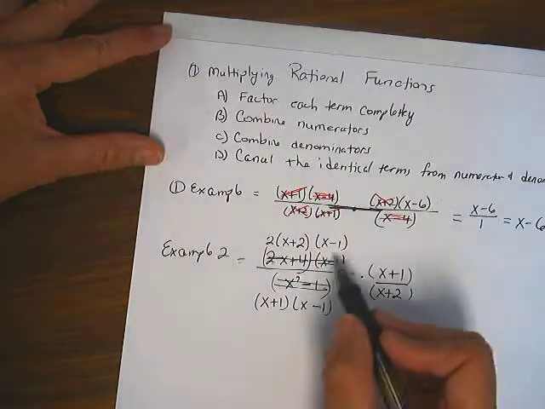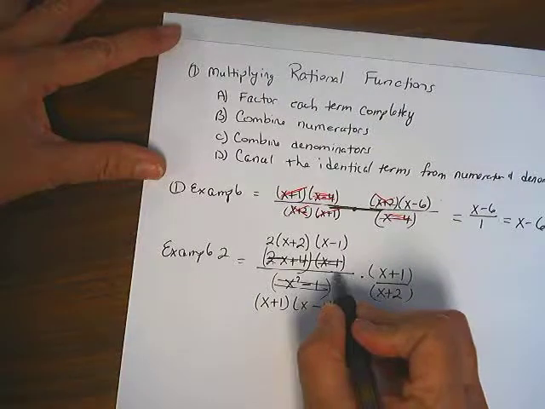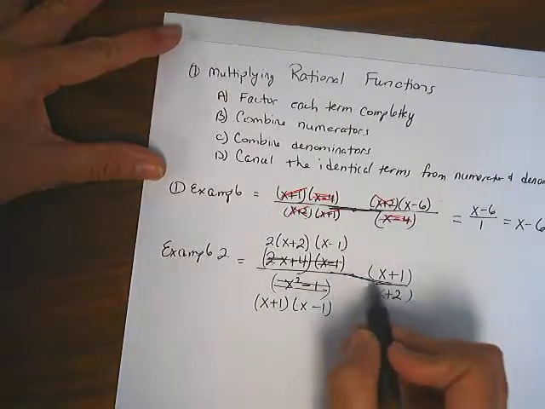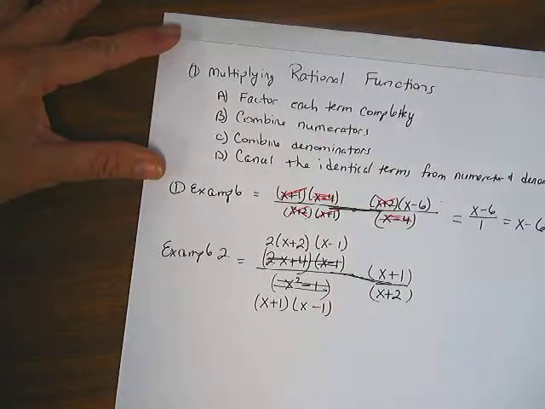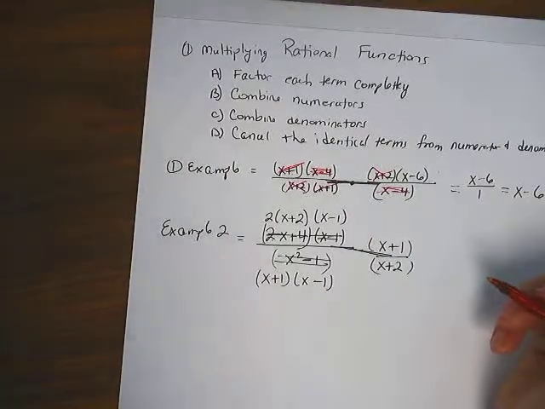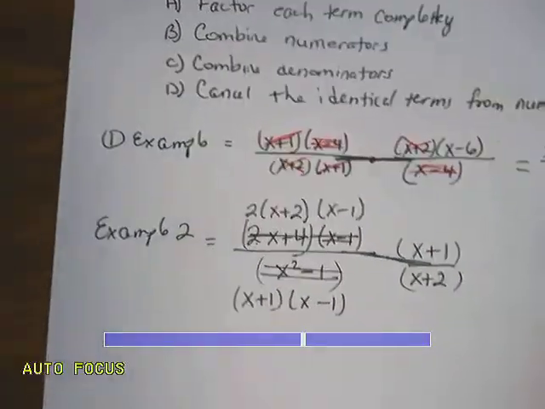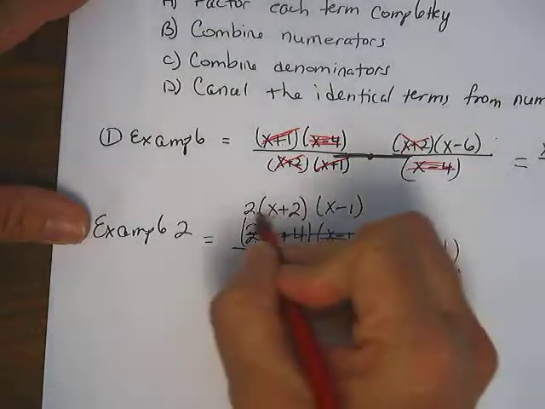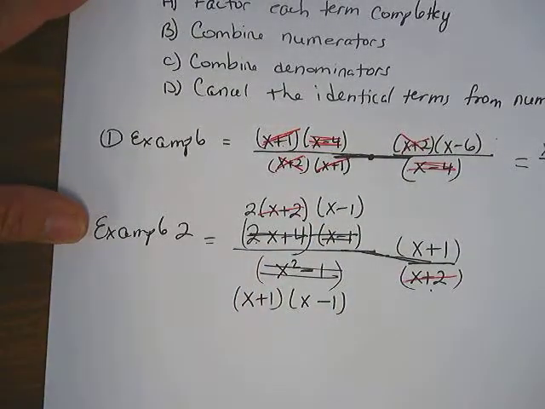Now that we've got everything factored as much as we can, we're going to combine our numerators and denominators. And by combining them, I just extend that dividing line. And now I look to cancel any identical factors. So let's see, what do we have that's identical on the numerator and denominator? I have an x plus 2 in the numerator and in the denominator, so we'll cross those out.